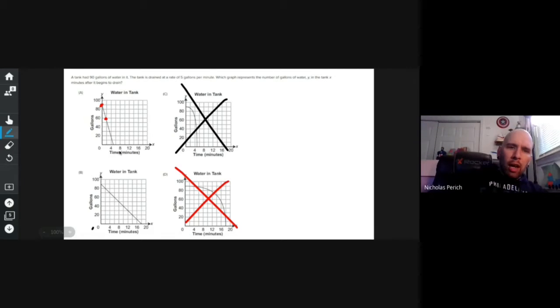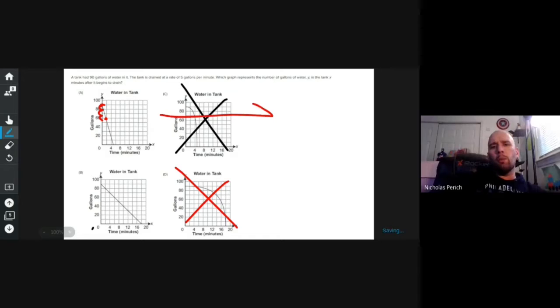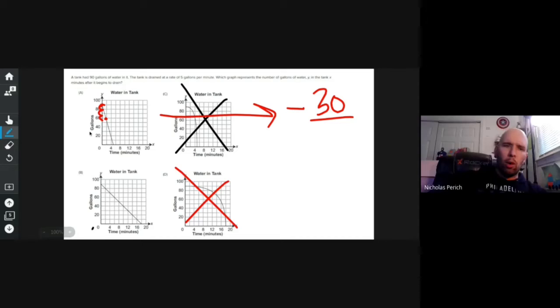So this goes down 1, 2, 3, which means 10, 20, 30. So the slope for that guy so far is -30 over. And every time I go over 1, I'm actually going over 2 because of this graph. So I'm going over 2. -30 over 2 is -15, not 5. So it's got to be B.